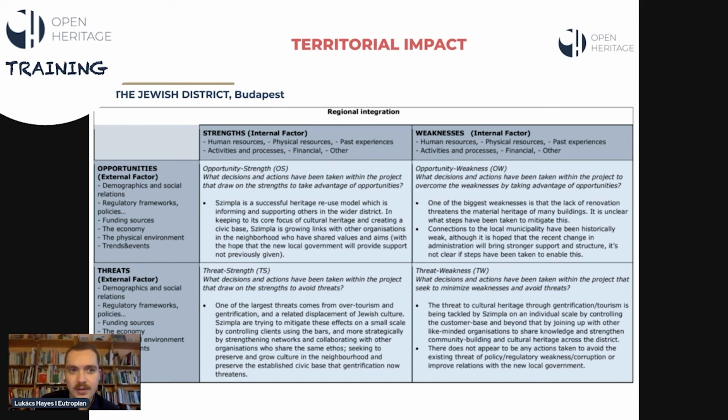It didn't push for dialogue between local businesses and NGOs, and it wasn't a cooperative, good relationship with the municipality.